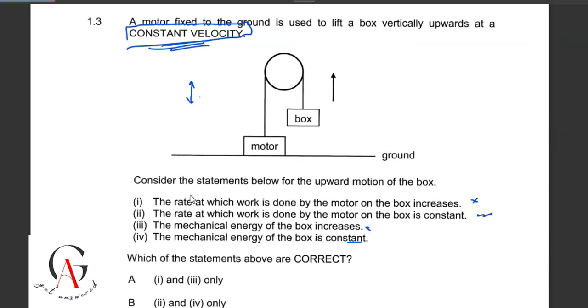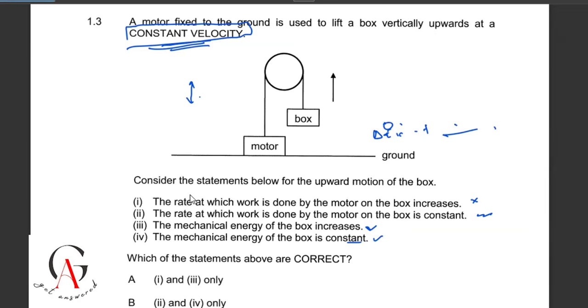This is going to be somehow true because the change in kinetic is zero, and then the change in potential increases or is constant. Which options, guys?